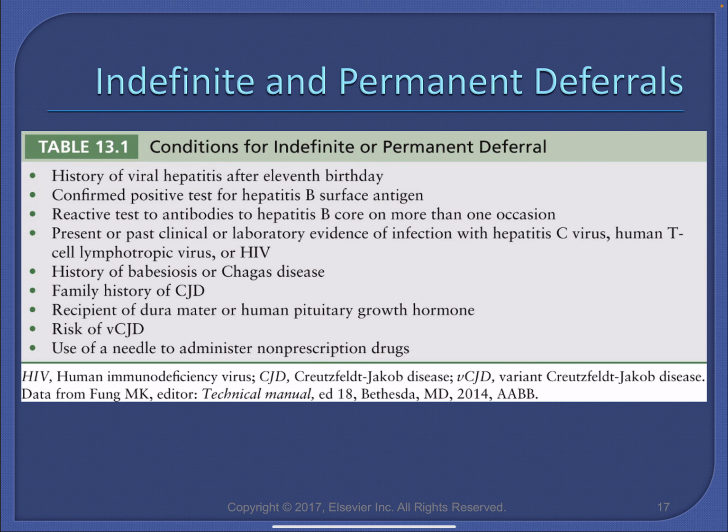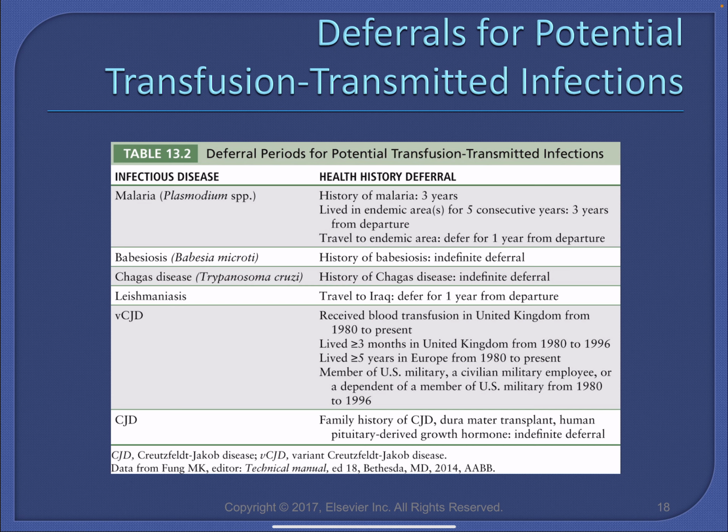These are very important as well, but there are some deferrals that vary a little bit. So these are some deferrals for potential transfusion transmitted infections. It's very important that we determine these kinds of infections because it doesn't necessarily mean that they will get deferred forever or indefinitely. Perhaps there are certain instances where the donor gets deferred just for a certain amount of time.